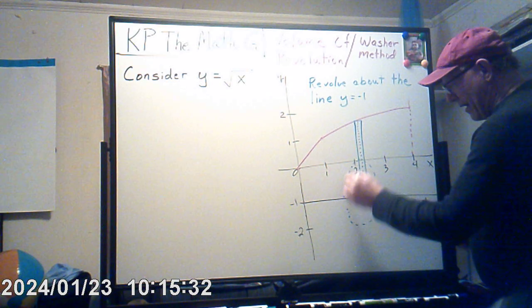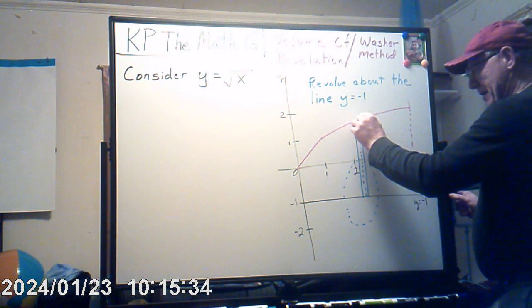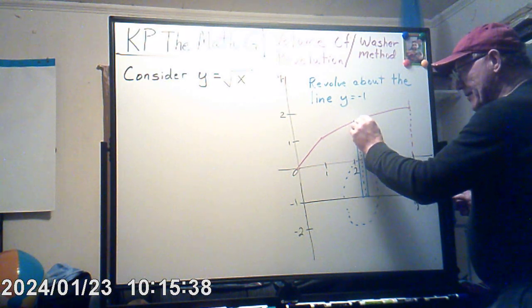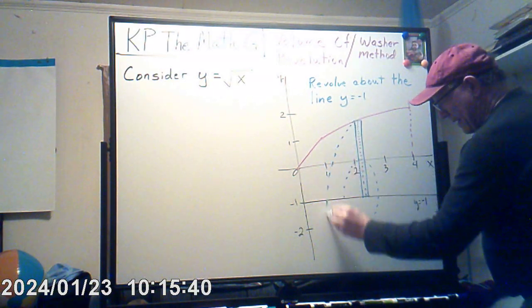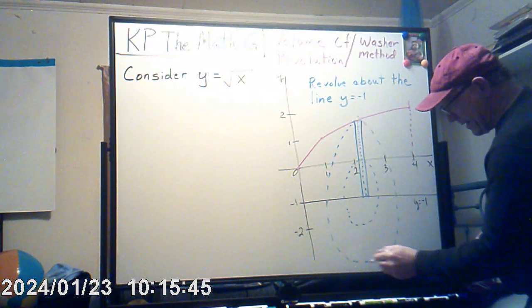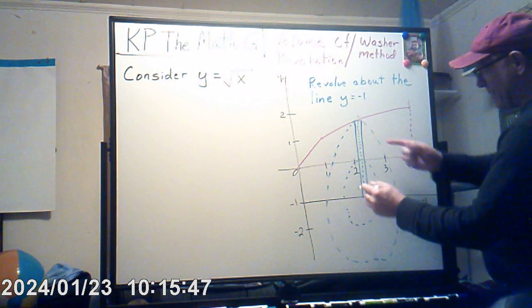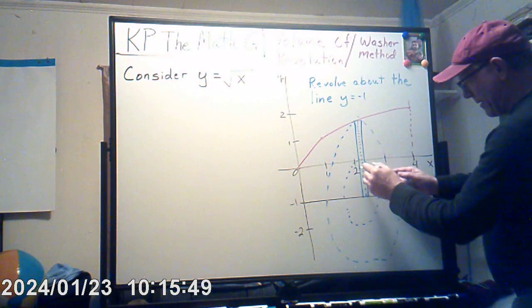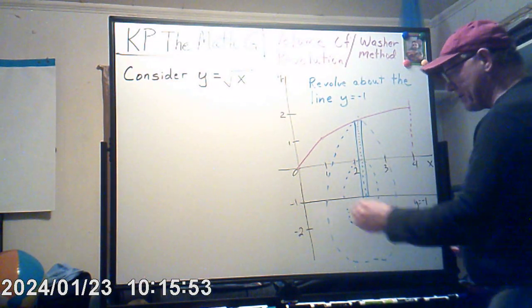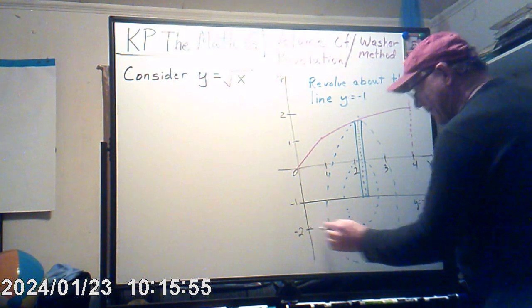That's going to be a hollow circle right here. So you have a solid part here and you have a hollow part right in here, and it's going to come down like this, I believe.